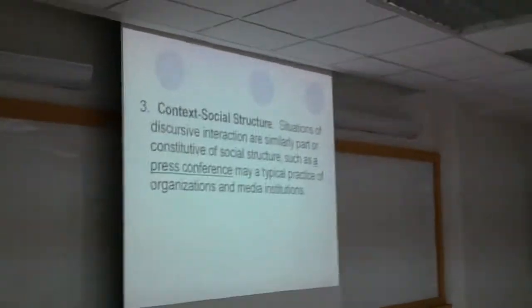Number 3, context and social structure. The situation of discursive interaction is part of, or constitutive of, social structure, such as a conference, which may be a typical practice of organizations and institutions.